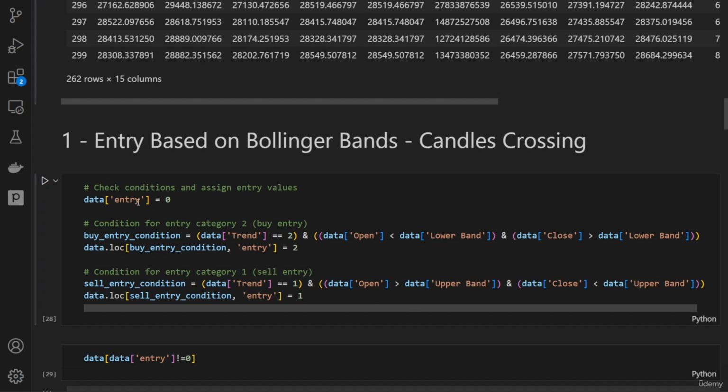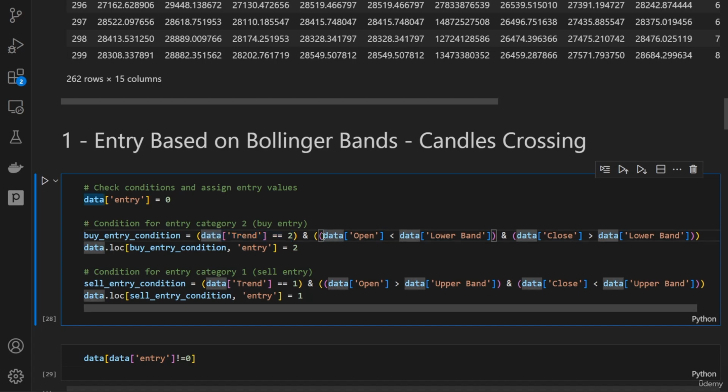So to do this, first of all, I'm defining a new column called entry. It's an entry signal, which is equal to 0 at the moment, so no entry signals for now. And then we set the conditions for an entry category 2. This is a long position or a buying entry. So the buy entry conditions are the following. The data trend should be equal to 2, so we need a general price trend in the upward direction.